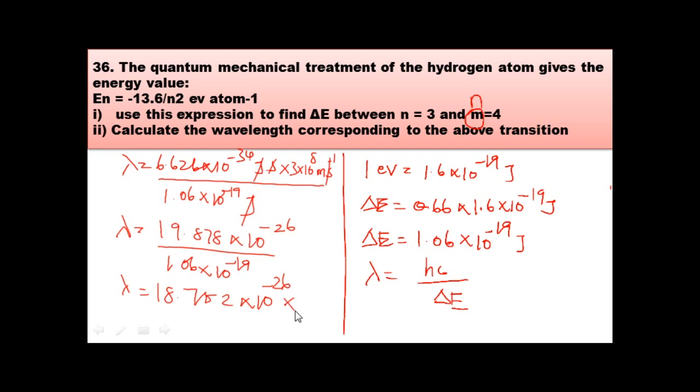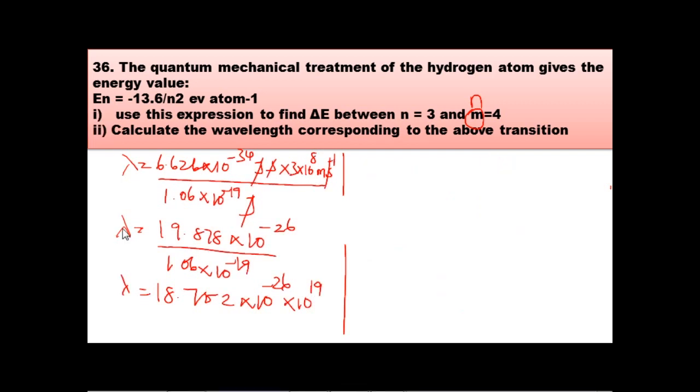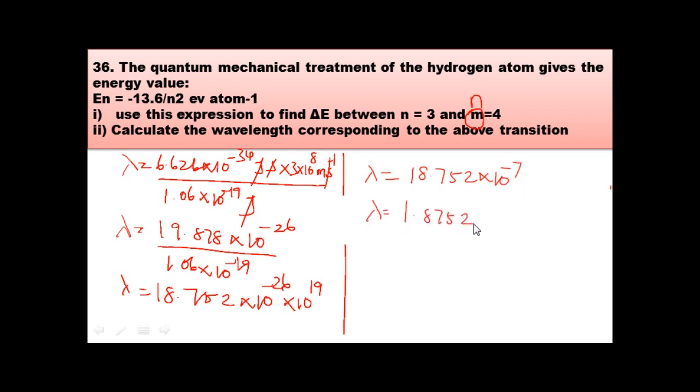Coming to the top, it is converted into 10 power plus 19. So the lambda equal to 18.752 into 10 power minus 7. So the lambda equal to 1.8752 into 10 power minus 6 meter. This is the answer. Second one, calculate the wavelength.